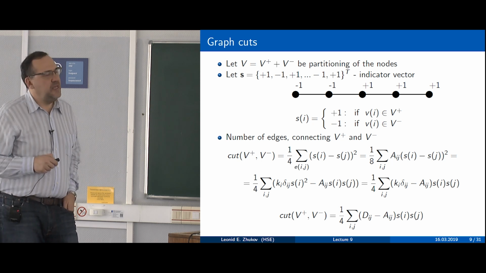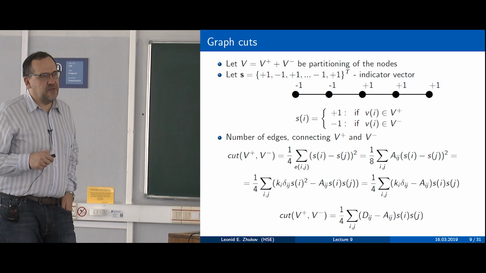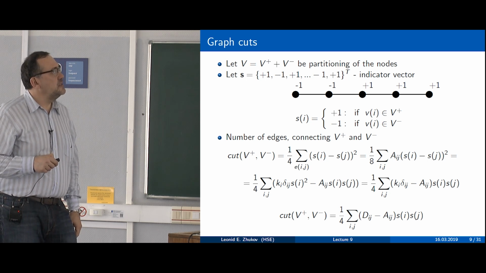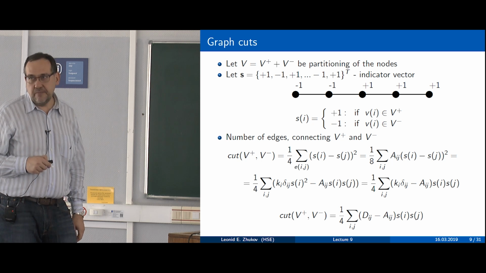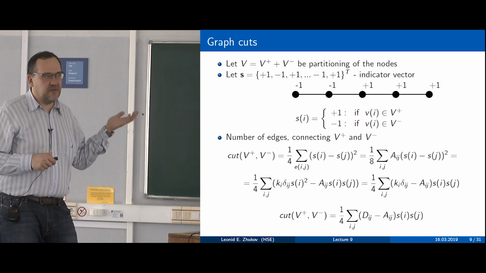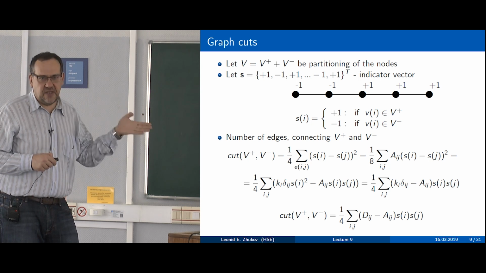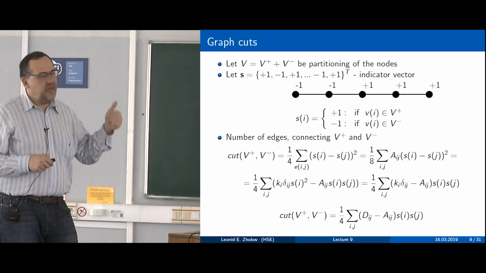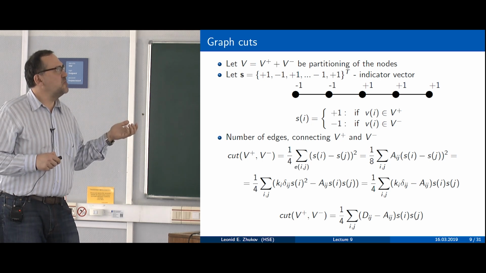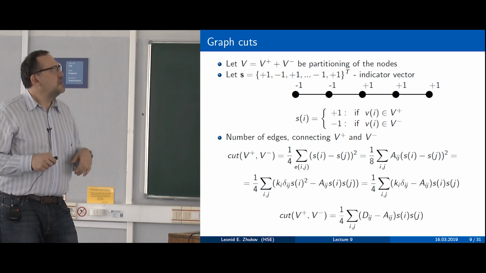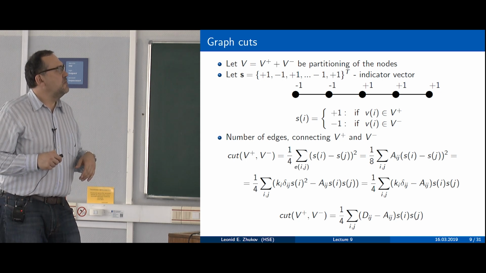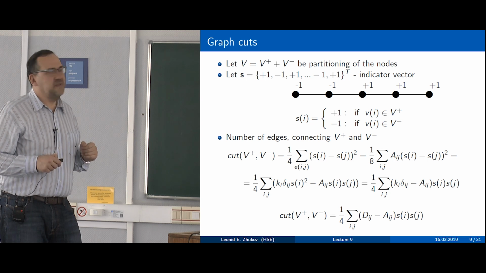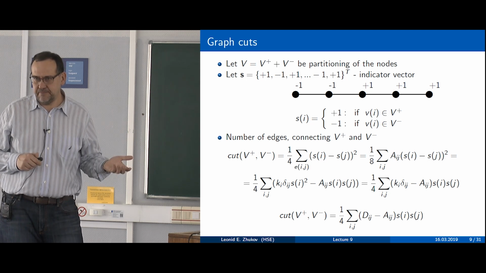I want to assign to every node a label that explains which partition it belongs to, partition 1 or partition 2. My label is just a number, +1 or -1. The nodes that belong to one partition will have the label -1, and all the nodes that belong to the other partition will have the label +1. Okay?